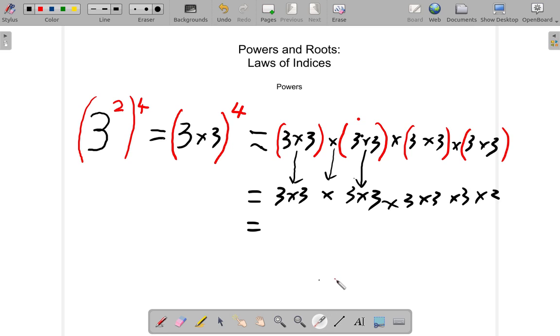How many 3's do we have multiply each other? 1 2 3 4 5 6 7 8 of them. The last one should be 3. Good. Now 8 3's multiply. The short way of writing this is to say 3 to the power of 8.